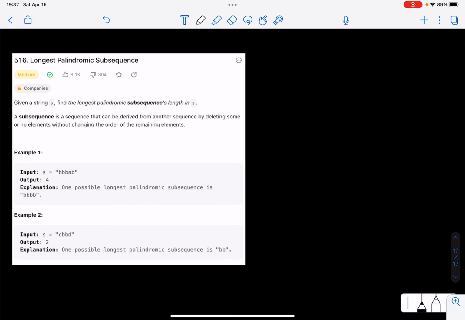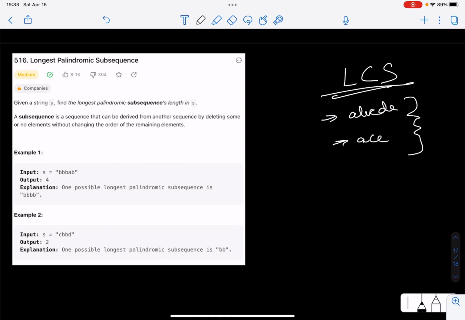Firstly, let's recall what we saw in the longest common subsequence question. In that, we were given two strings, A, B, C, D, E, and ACE. The longest common subsequence would be ACE because ACE is a subsequence from these two strings, and it's the longest.